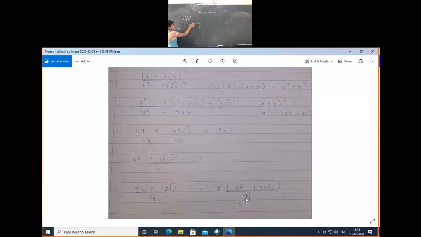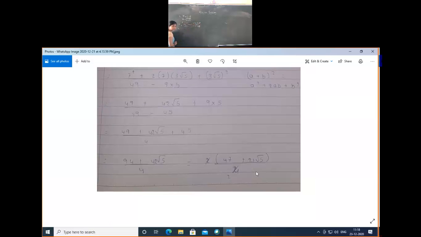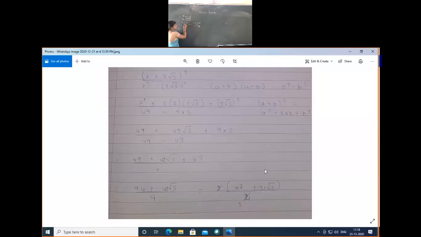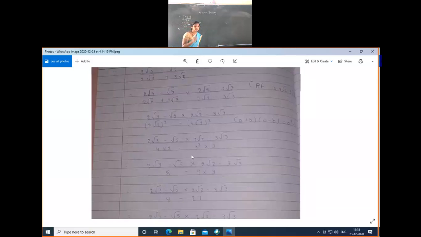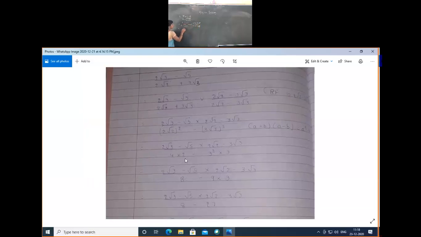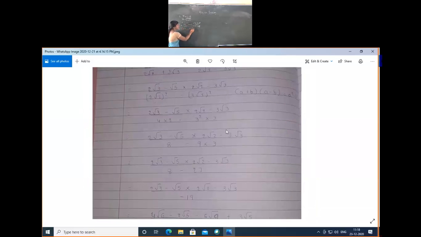Now numerator into numerator multiplication, and denominator into denominator multiplication. In the numerator, 7 is the same, plus is the same, 3 root 5 is the same. Same expression with the same sign, so we observe the a plus b whole square identity: 7 plus 3 root 5 whole square.